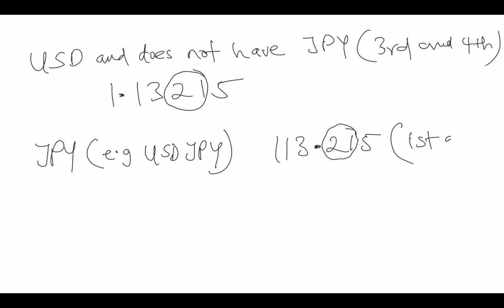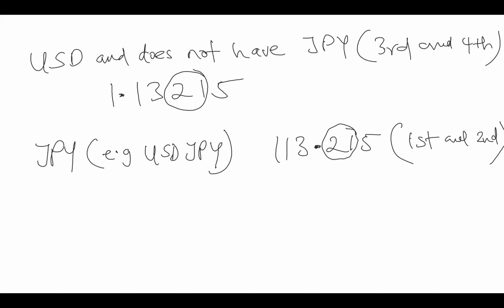So you need to understand that there are different ways to count or to identify pips. So I'm repeating myself one more time. If the pair does not have JPY in it, GBP USD, USD CAD, AED CHF, Euro USD, NZD USD, Euro GBP, all these pairs that don't include JPY, to count the pips, it is the third and fourth number after the decimal point.